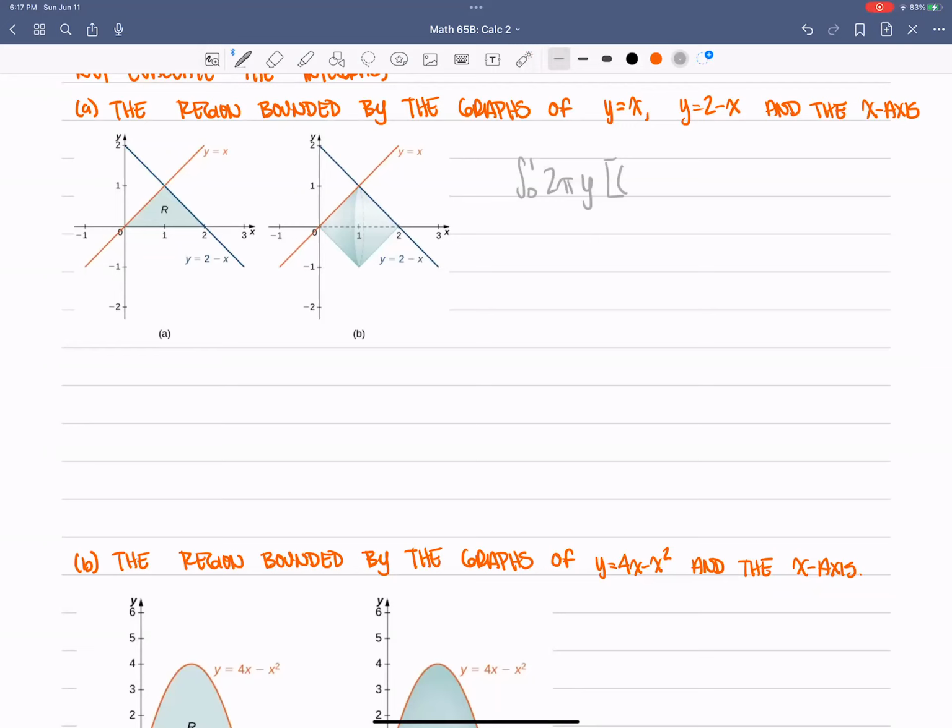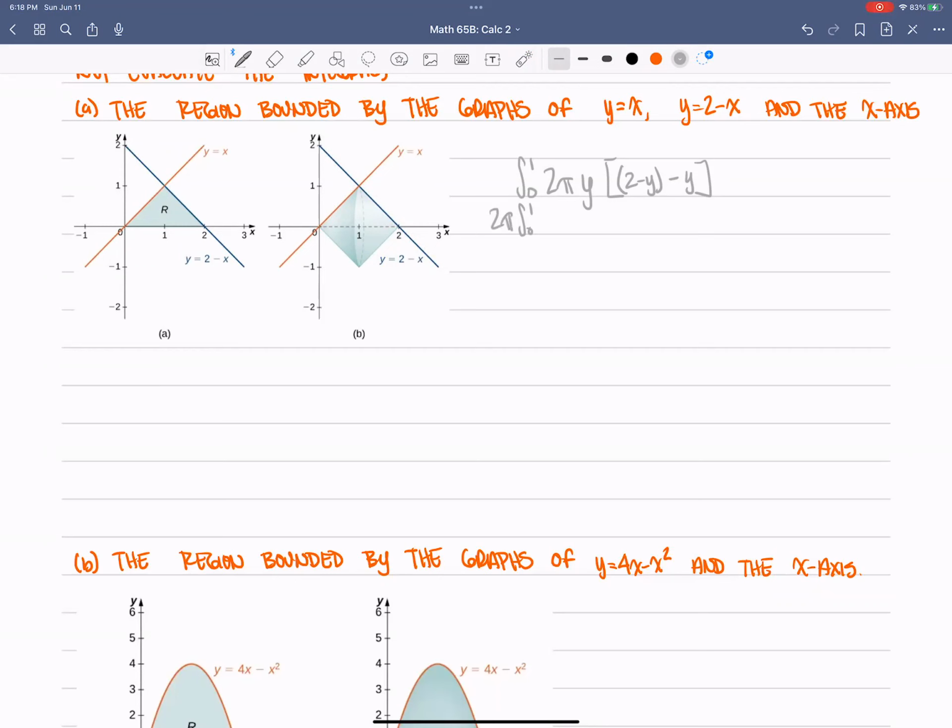So x equals 2 minus y, minus the other function, because on this entire interval, from here to here, this one's on top, this one's on bottom. So x is equal to y. And now that we have that, still integrating from 0 to 1, we could pull the 2 pi out.